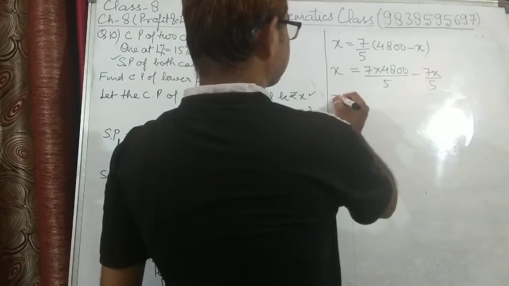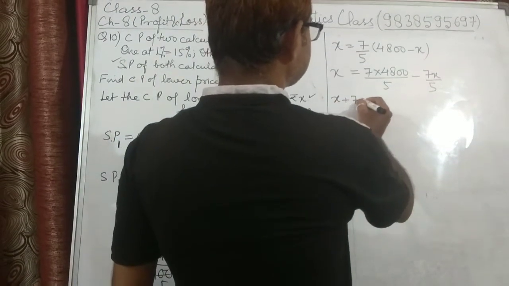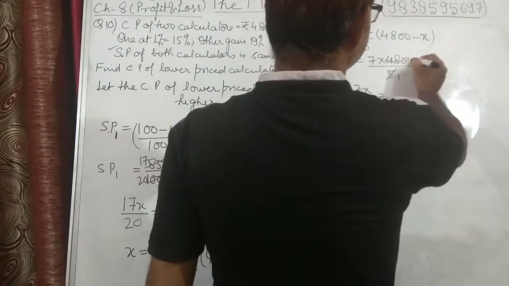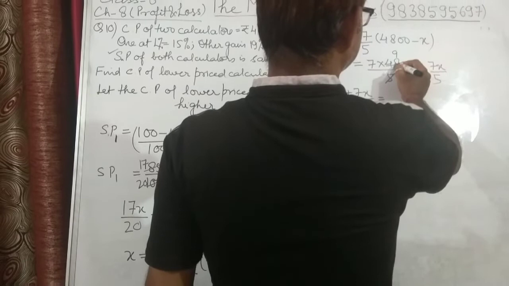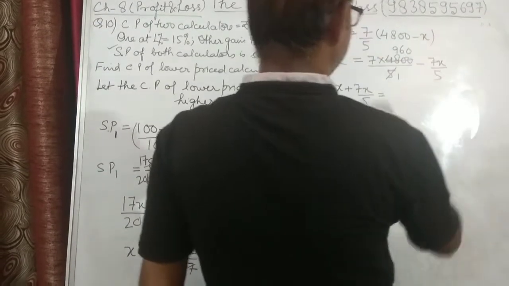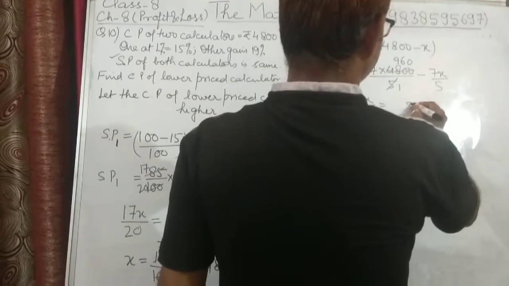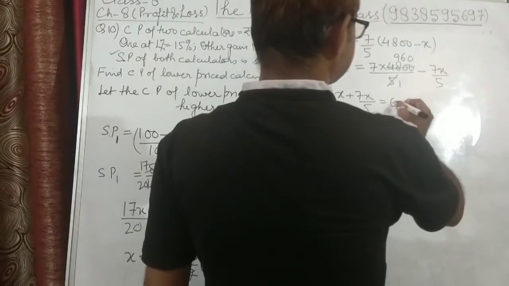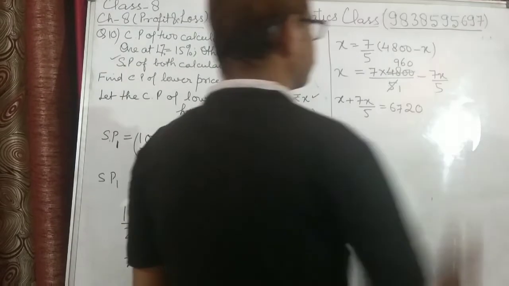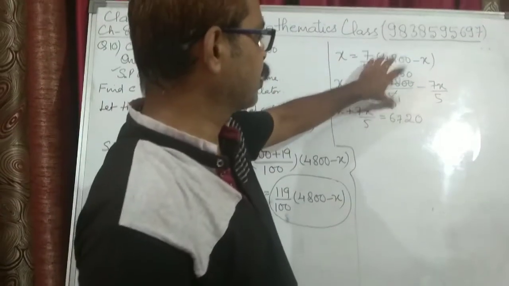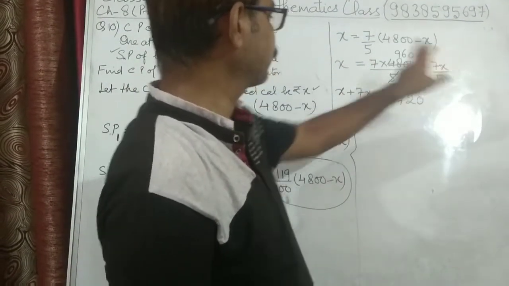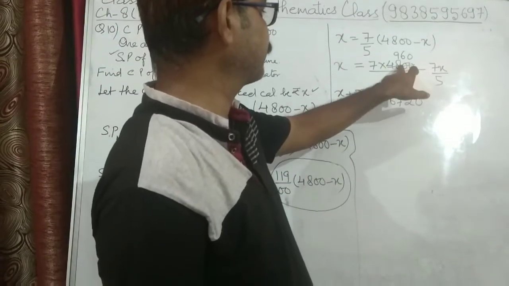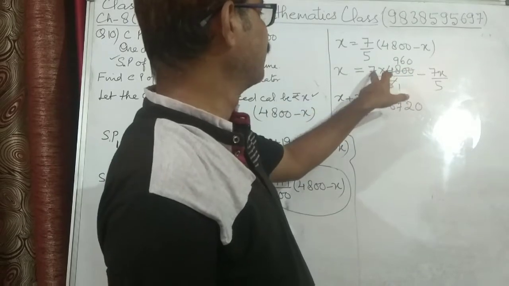So it will become positive. x plus 7x upon 5 is equal to 4800 into 7 upon 5, which is 6720. After calculation we got this, whereas minus 7x upon 5 came to this side as x plus 7 upon 5.